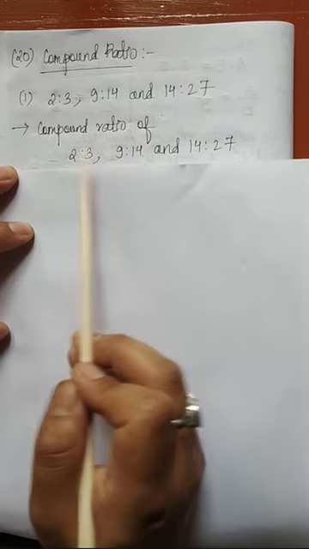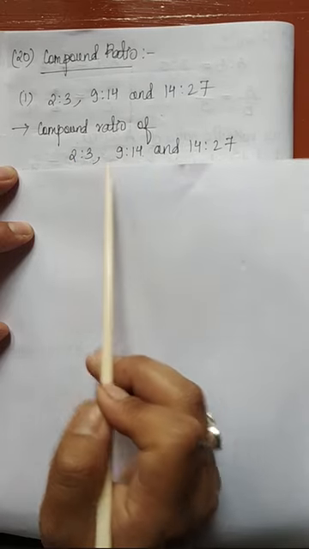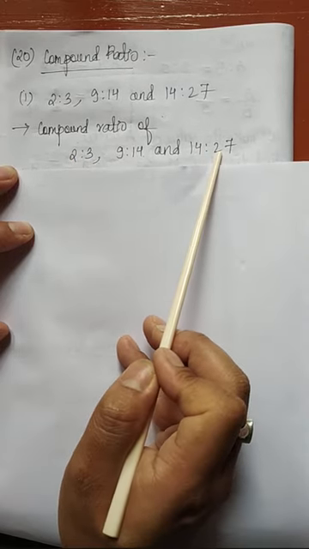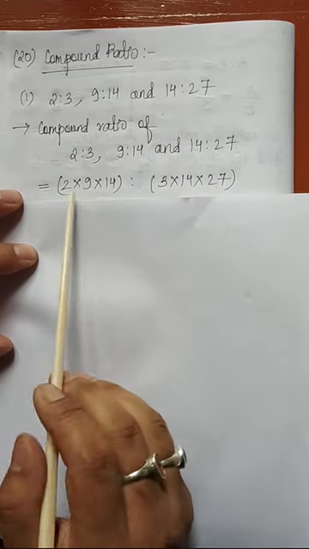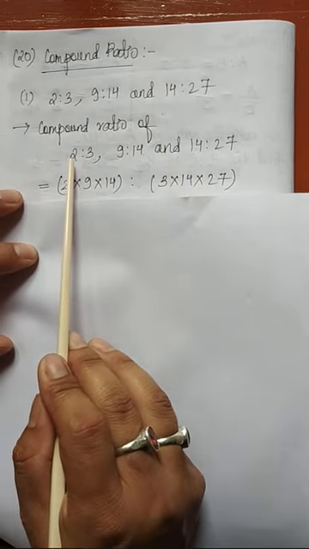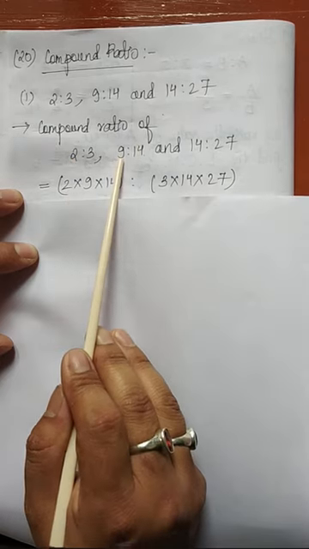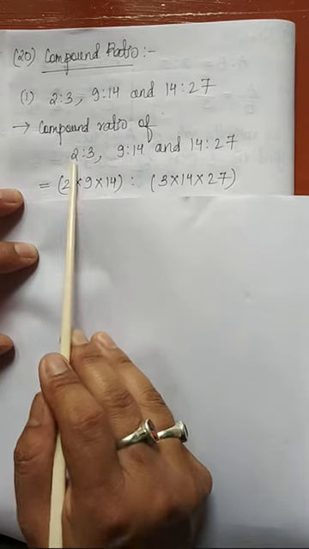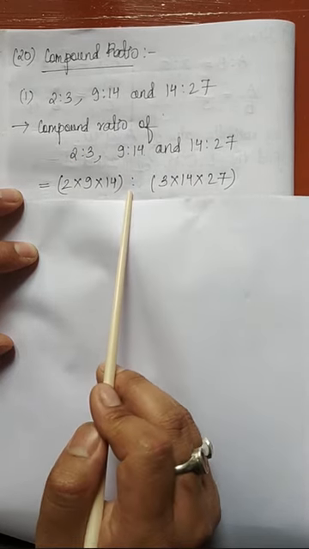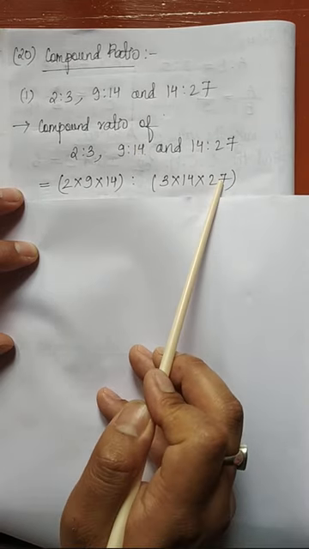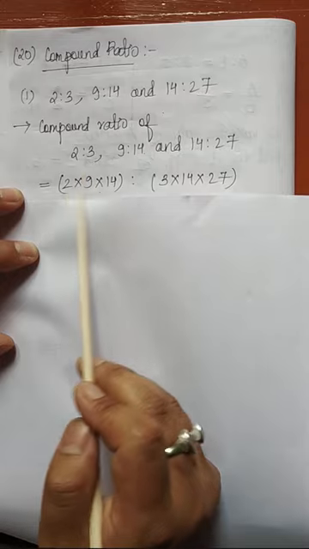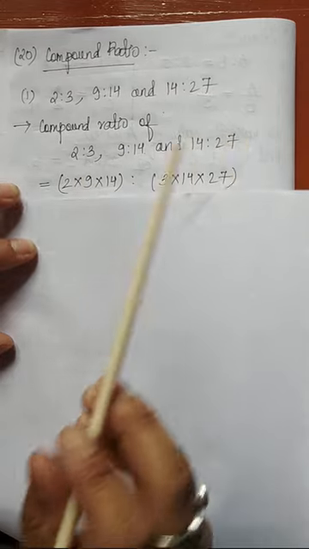Product of the antecedents, product of the first number is to product of the second number. That's it. So the compound ratio will be the product of the antecedents is to the product of the consequents.